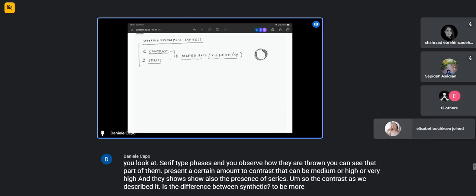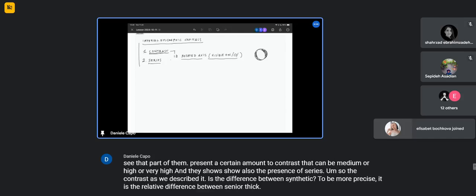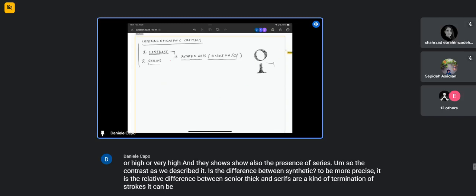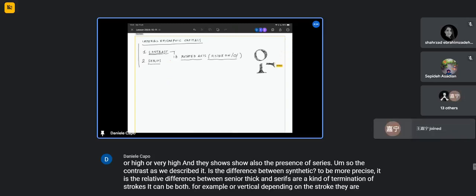To be more precise, it is the relative difference between thin and thick, and serifs are a kind of termination of strokes that can be both horizontal or vertical, depending on the stroke they are attached to.